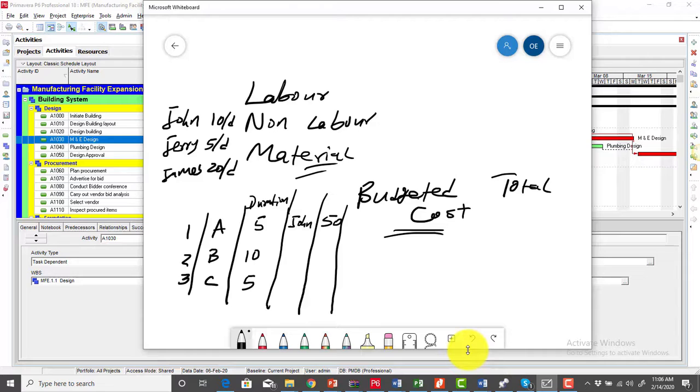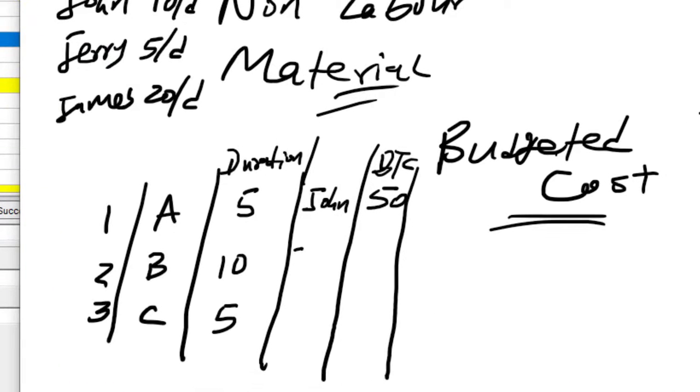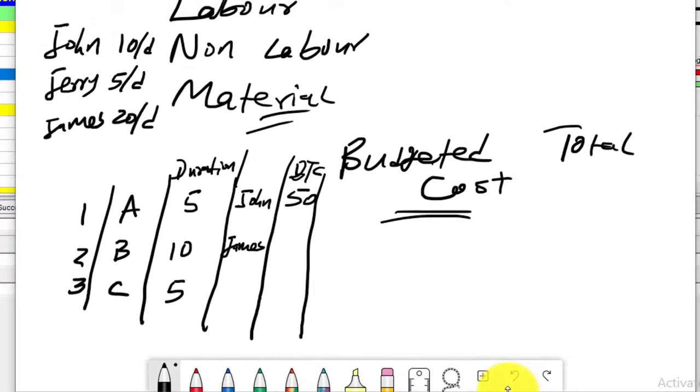In other words, the $50 is the budgeted total cost, the BTC, for activity A. And let's assume that activity B is assigned to James, and James earns $20 per day. If James does activity B for 10 days, that's $20 times 10 days, which is equivalent to $200. So Primavera will tell us that the budgeted total cost for activity B is $200.